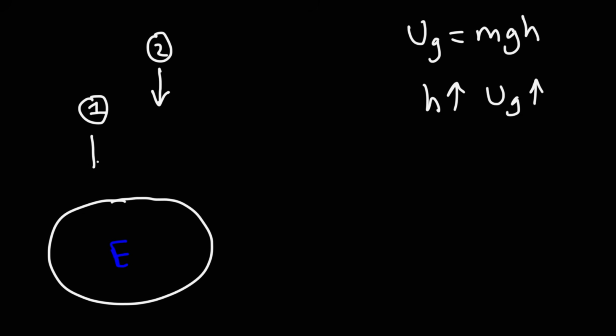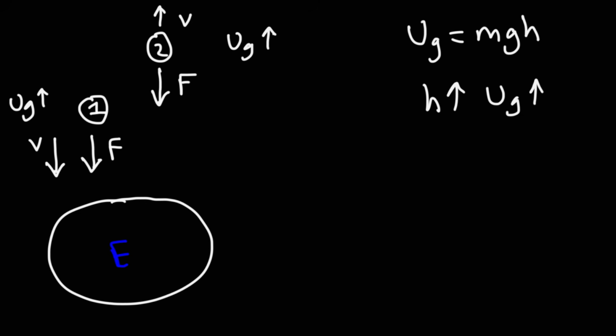Now, notice that the gravitational force is directed downward. When an object moves in the same direction as the force that gives its potential energy, that potential energy is going to decrease. Now, if we were to move this object opposite to the gravitational force, the potential energy will increase.